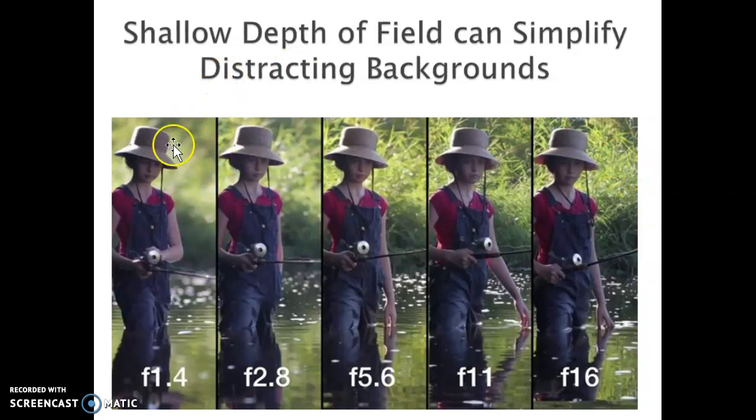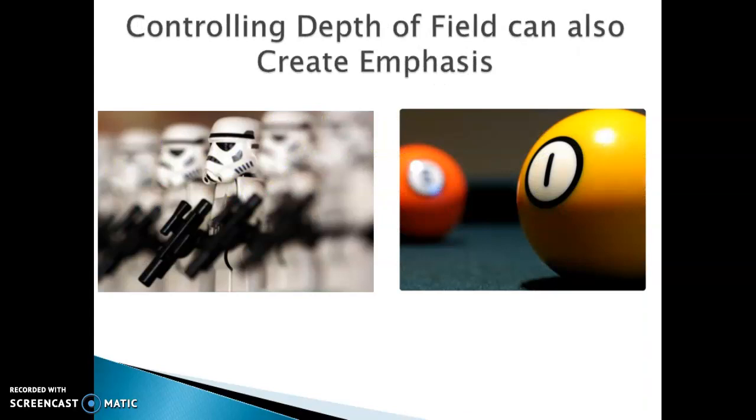This is kind of a nice way to bring more emphasis to your focal point. And we've talked already that a lot of cameras now have a portrait setting that allows you to have that kind of shallow depth of field. So there are different ways you can control the depth of field to create further emphasis.